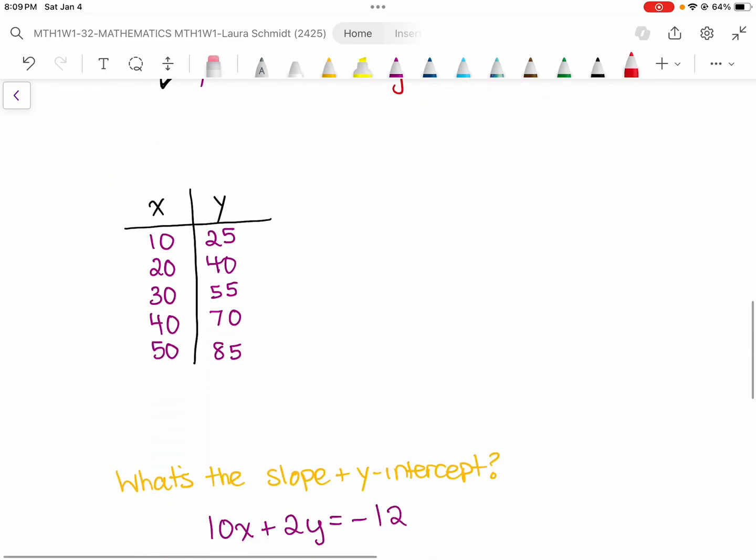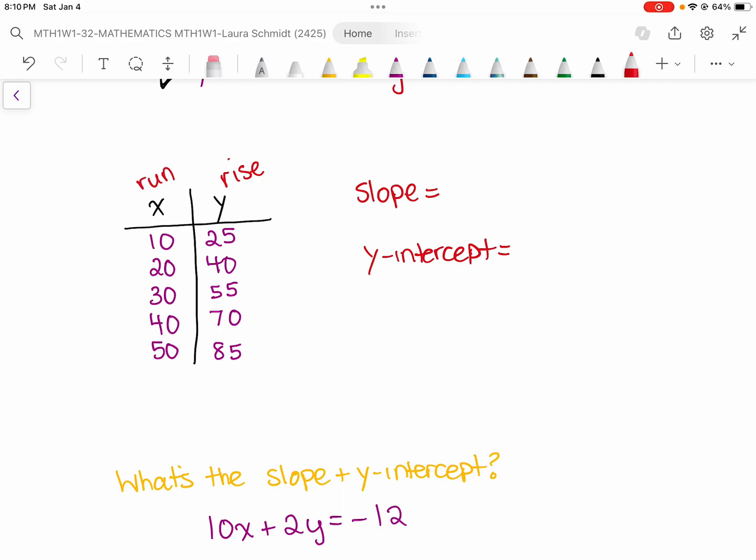Let's do the same thing for a table. So I can find a slope and a y-intercept from a table as well. For the slope, this is kind of like my rise and this is my run. I can see that my y values are going up by 15 every time, and my x values are going up by 10 every time.